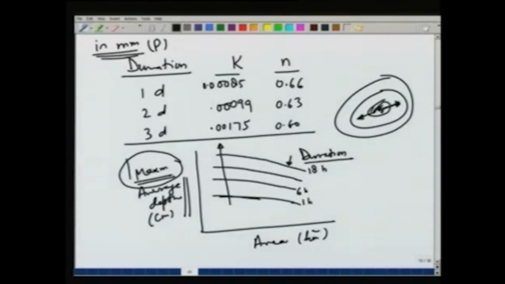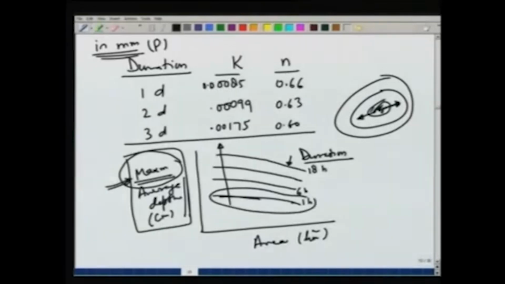These curves are important because they give us extreme conditions. So, we can take a maximum or very severe storm, how much depth of rainfall will result under various conditions. For example, if the storm is only a 1 hour duration, what will be the maximum depth which we can expect over a certain area which the storm is covering. So, depth, area, duration curve and the maximum depth, they are very important parameters to be estimated for given conditions.